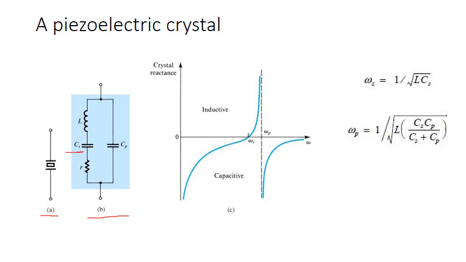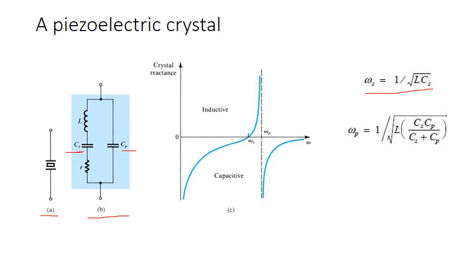The series resonant frequency Ws is given by this particular equation. It is 1 divided by square root of L Cs. Cs stands for series capacitance. Parallel resonance occurs when the inductive reactance and the reactance of Cp are equal.